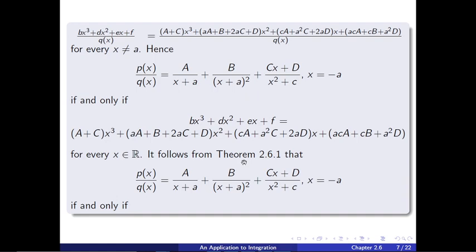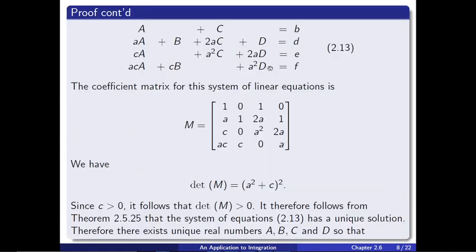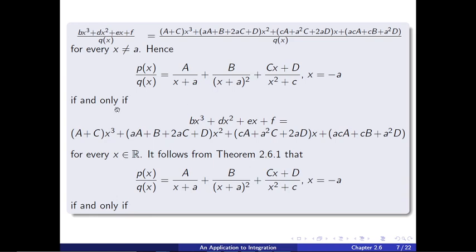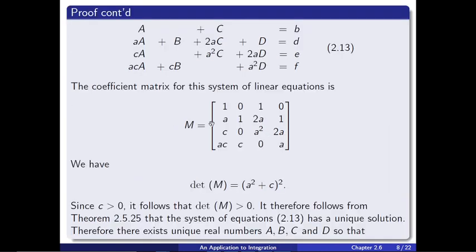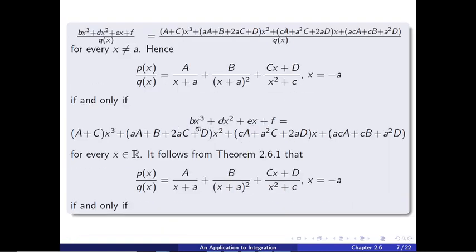If that happens, then if we take the coefficients, the coefficient of x cubed on this side is b, and the coefficient on the right hand side will be that, and so forth. So d will be equal to that, e will be equal to that, f will be equal to that.